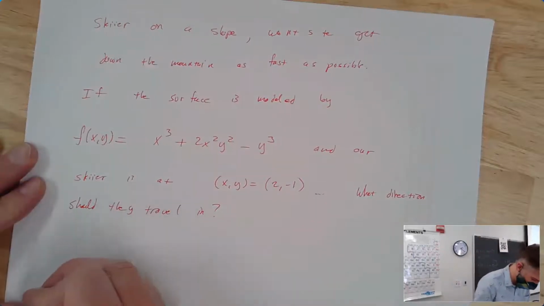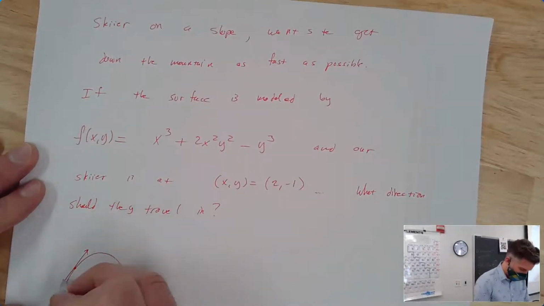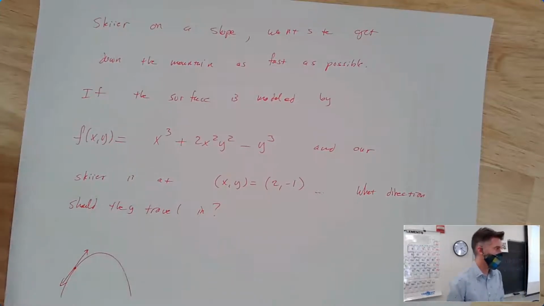So the direction of steepest increase is the gradient. The direction of steepest decline is the negative of the gradient. That's what we're going to find.